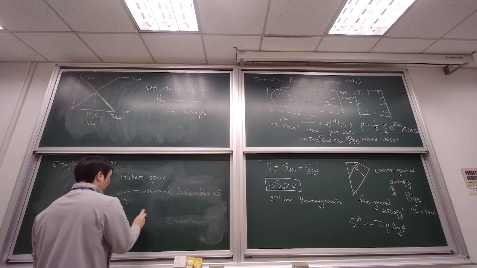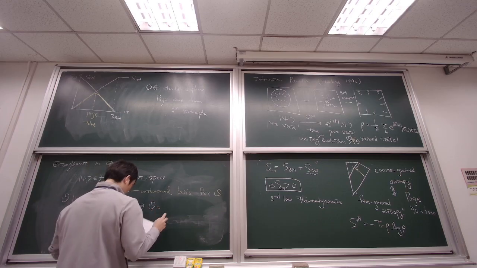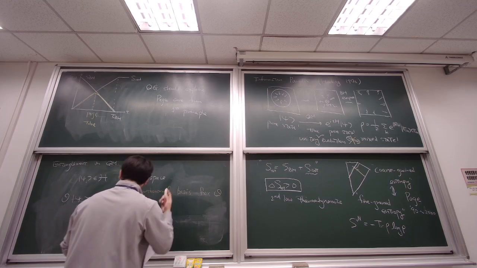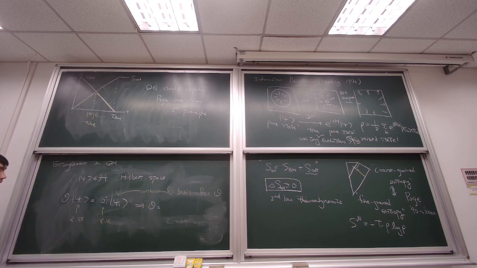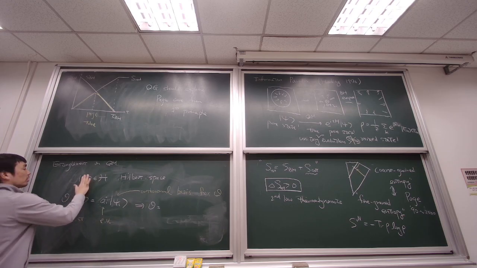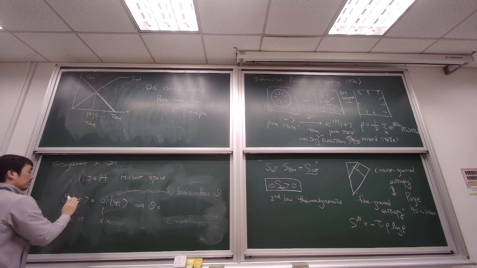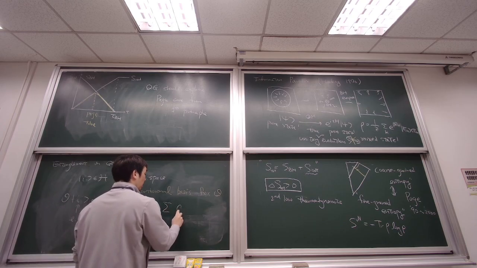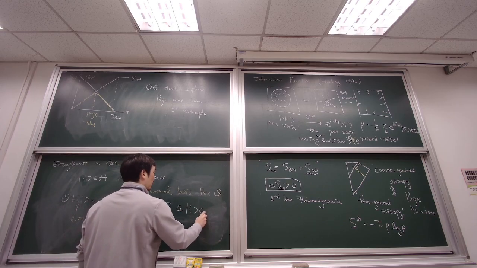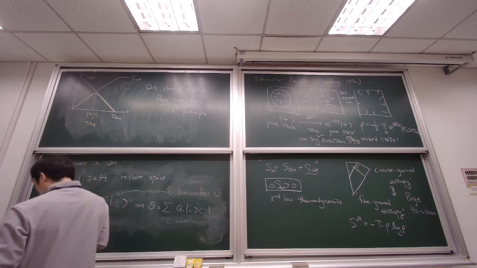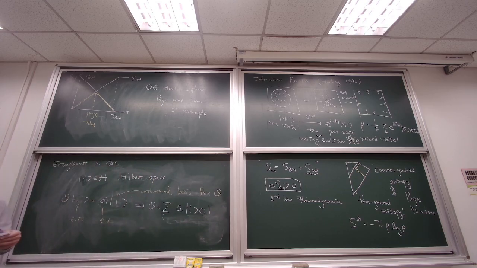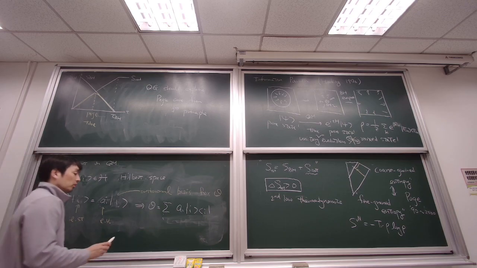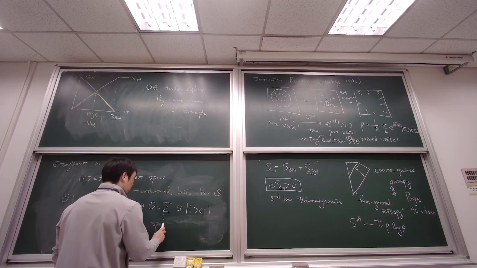In that case, the operator can be written as O equals the sum over i of a_i times psi_i psi_i. Maybe the way I wrote it is not okay; let me call the index i. This is called the spectral decomposition.